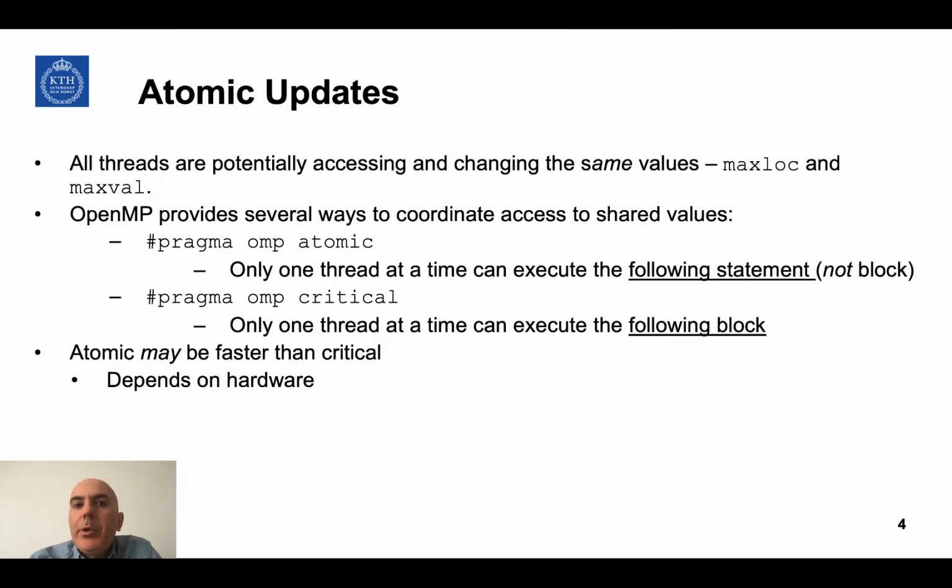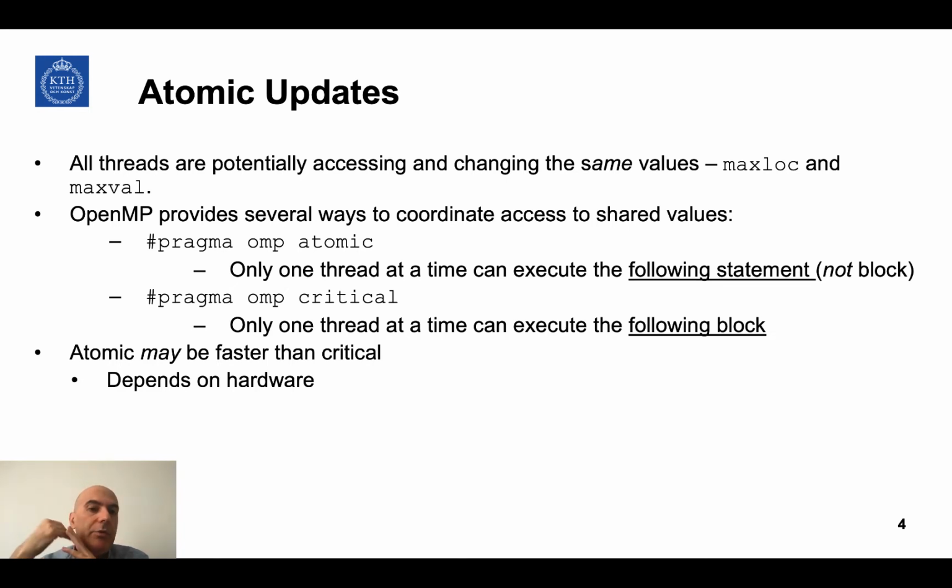OpenMP provides several ways to coordinate access to the shared values. Particularly, we have the pragma omp atomic construct, which allows only one thread at a time to execute the statement following the atomic construct. The second way is to use pragma omp critical, which allows only one thread at a time to execute the following block.